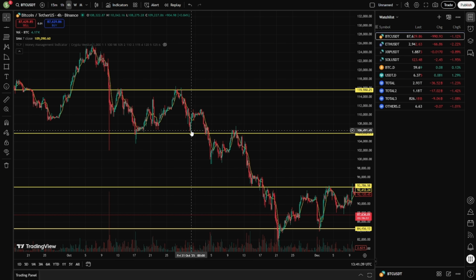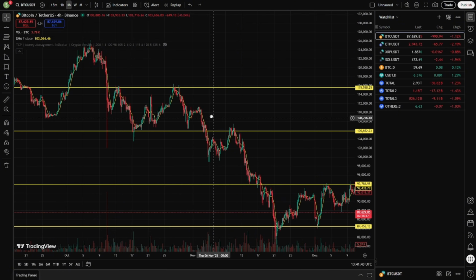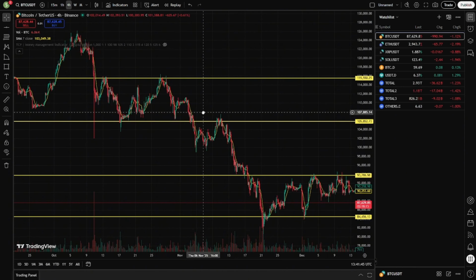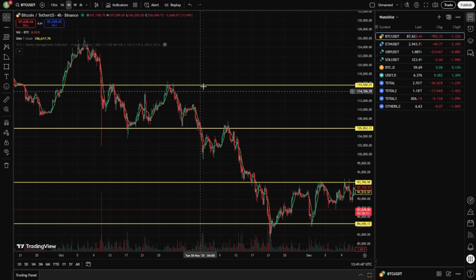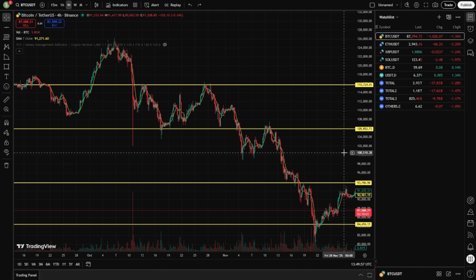Here we can see that on the second touch it also reacted to it, and then on the third touch it broke this area and broke this trading range above it. So this was an example of price breaking the support area.